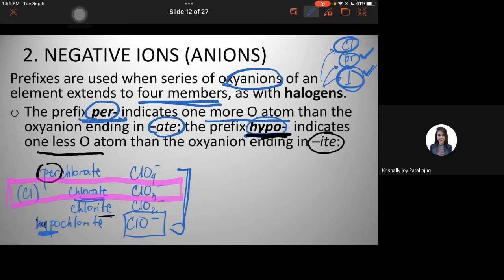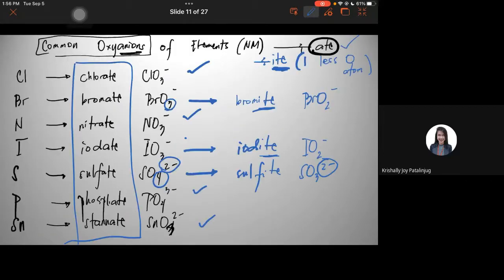Okay? So for these two slides, the point is really to memorize the common oxyanions. And these are the following. If you memorize that, one less oxygen becomes the ite ending.